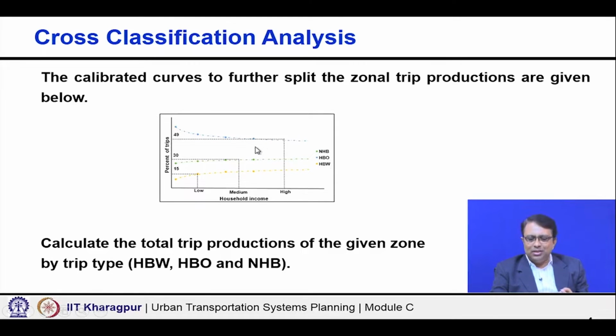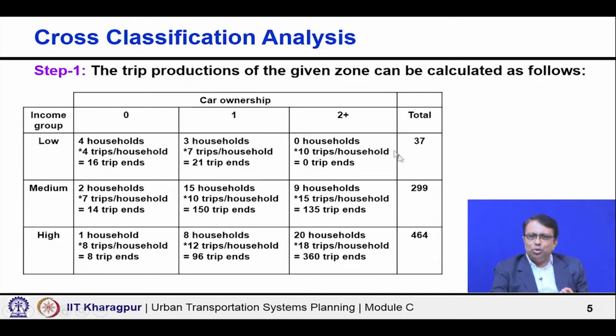We take those percentages. For the low income group, whatever total trips are produced, 37, we know the percentages which represent home based work, home based other and non home based trips. So, we can apply those percentages on this 37 to calculate the split under 3 categories. I can do the same for middle income households and for high income households.